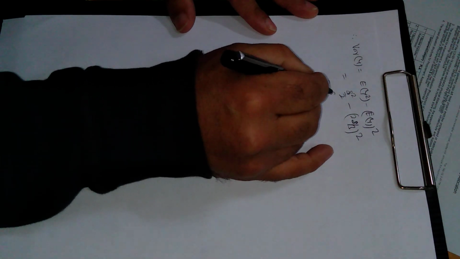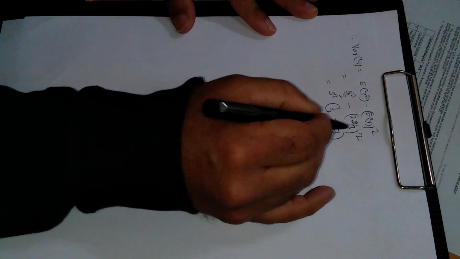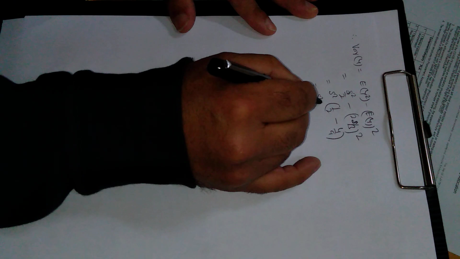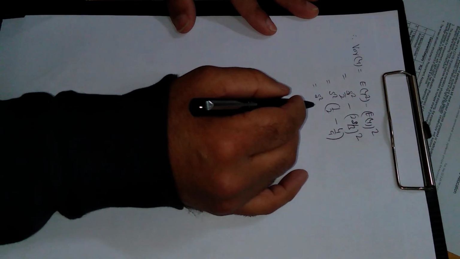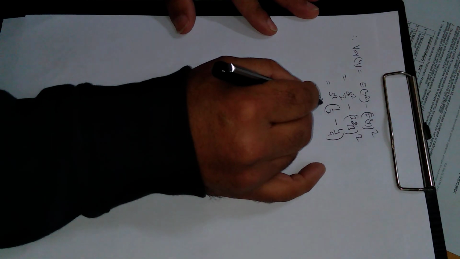S square is common, so next is 1 by 2 minus 4 upon 9. So this will be s square upon 18.